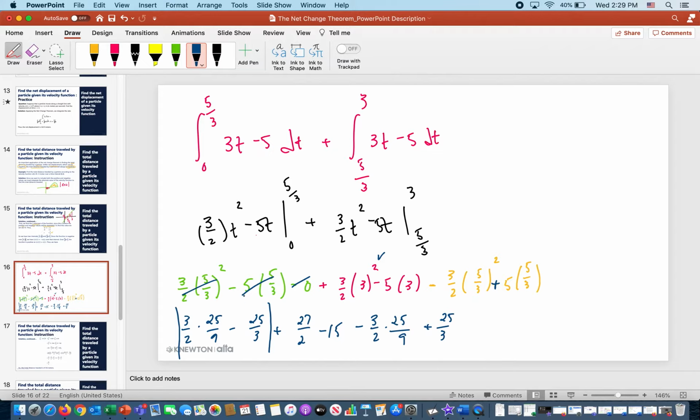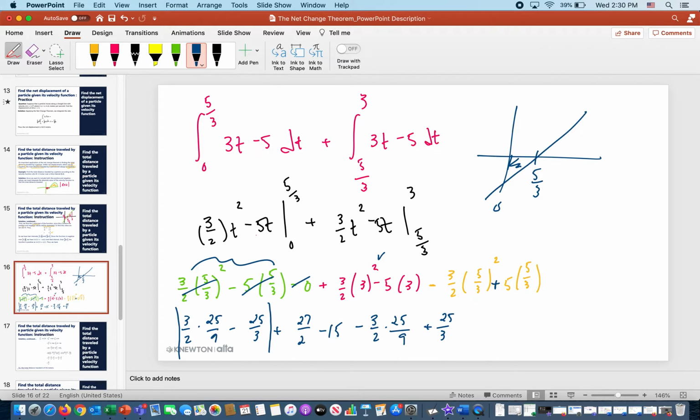I didn't put that absolute value in just yet because I wanted to stress the importance of it: any value that comes out negative, we have to take the absolute value. So all of this stuff is what's actually below the x-axis. I know that because in looking at the graph, 5/3 is here, and the interval from 0 to 5/3 is below the x-axis.